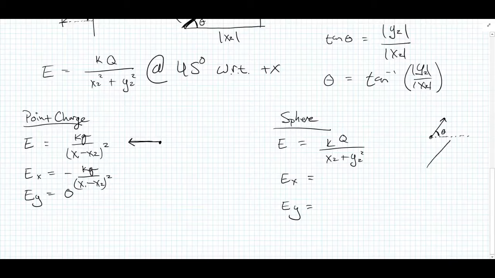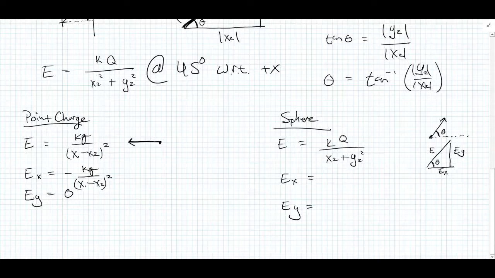So let's just use a triangle that includes this angle, and whose hypotenuse is the magnitude of the vector that we are looking for the x and the y components of. Then the length of the adjacent side of that triangle is the x component, and the length of the opposite side of that triangle is the y component.